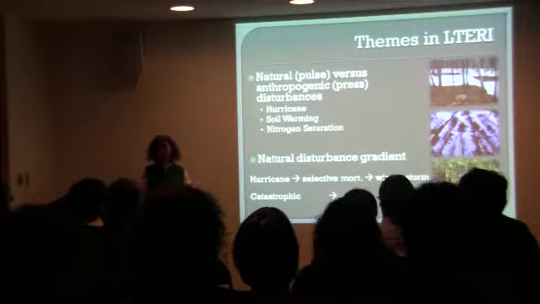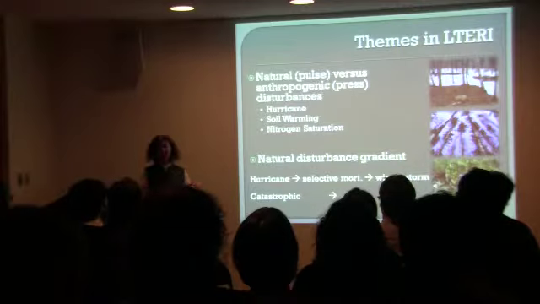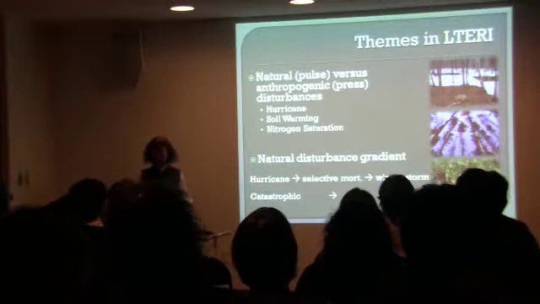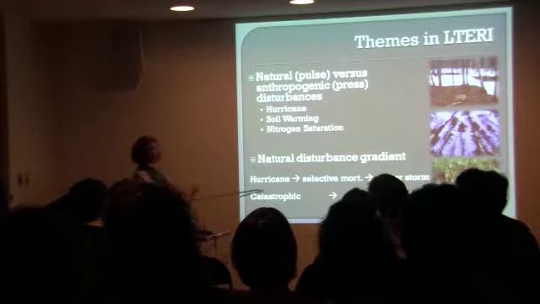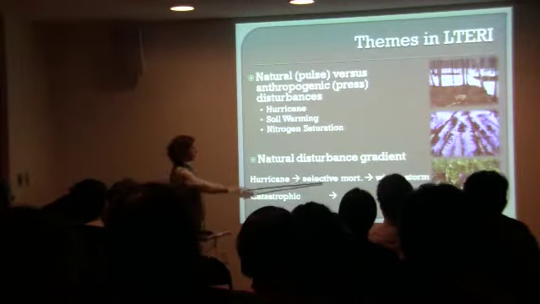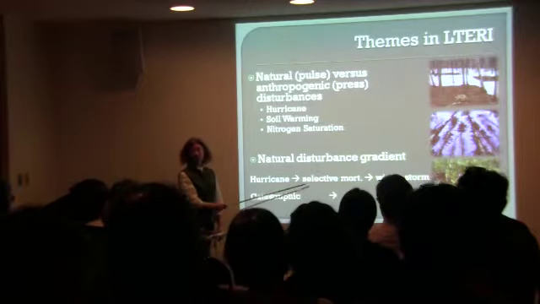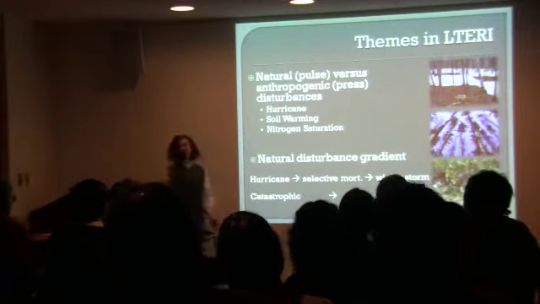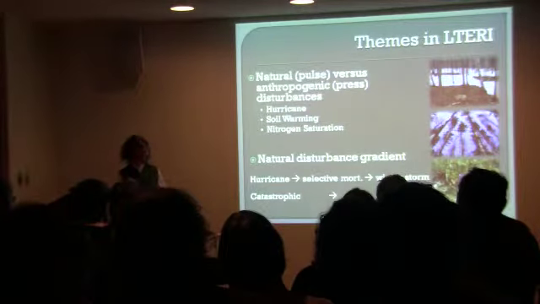So focusing a little more on the natural disturbance gradient in New England, our original intention in LTERI-1 was to examine a spectrum of experimental gaps, ranging from the hurricane or catastrophic end, which would be a large patch disturbance, to selective overstory mortality, taking out one tree species, to more minor disturbance from our semi-frequent winter storms.